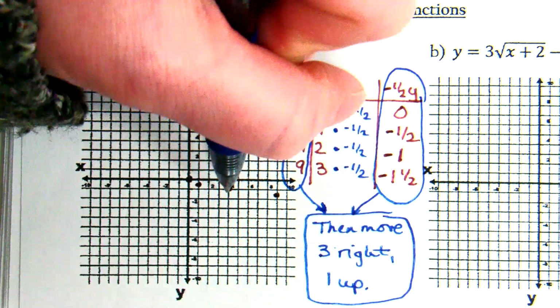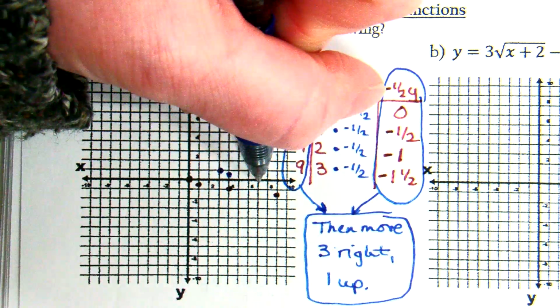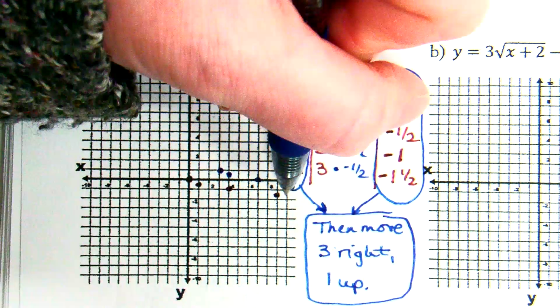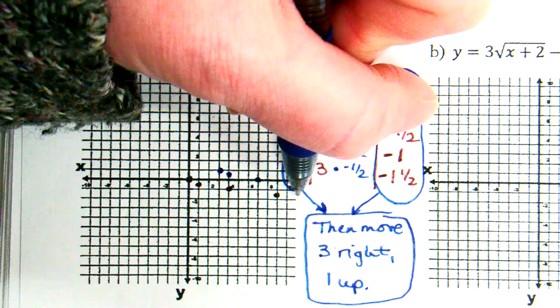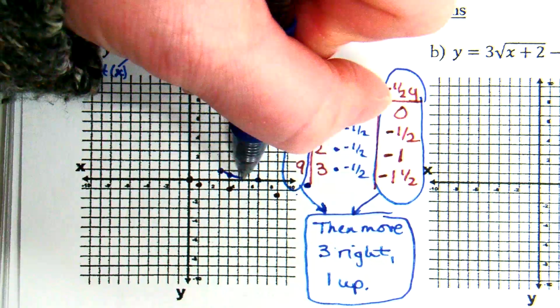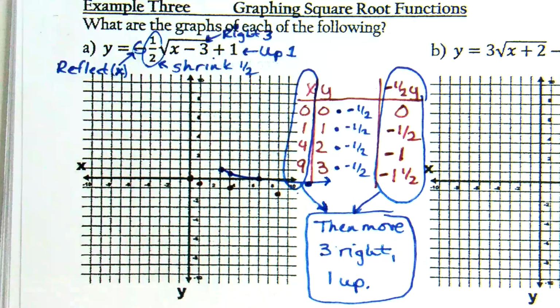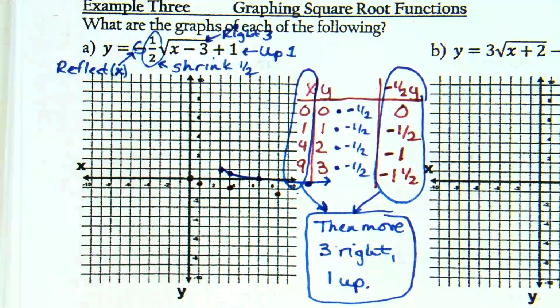Next dot, right 3, up 1. Next dot, right 3, up 1. And one of my dots ended up right there at the bottom of my original XY chart.